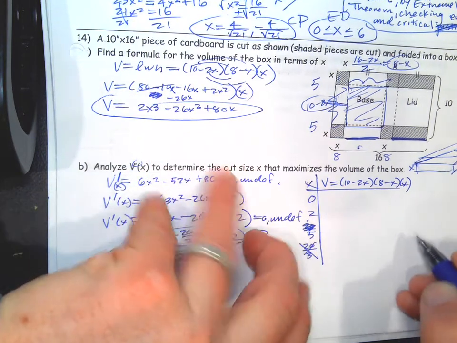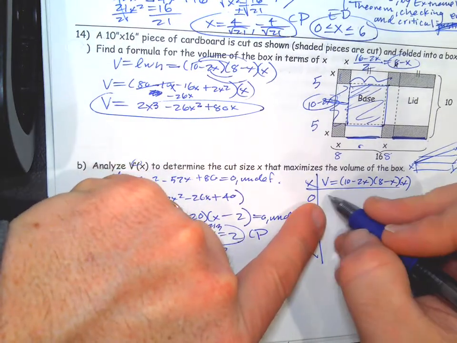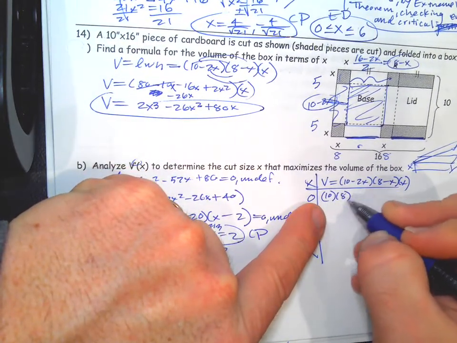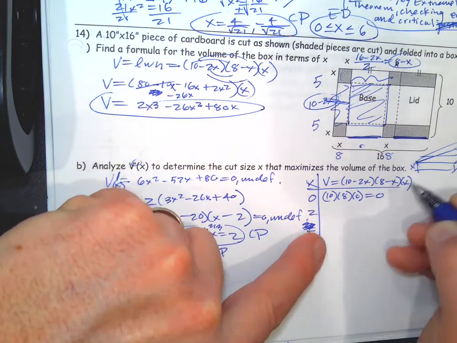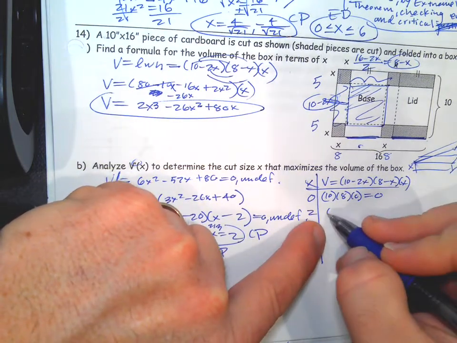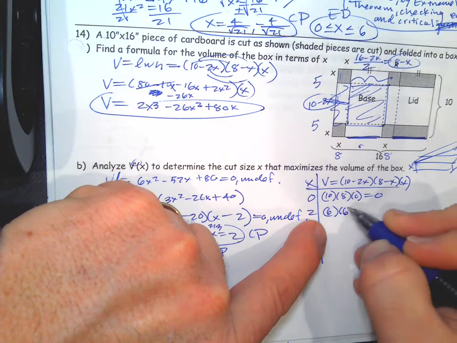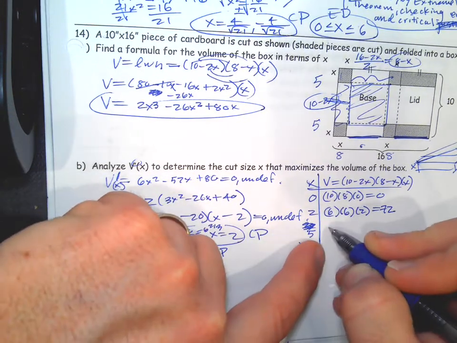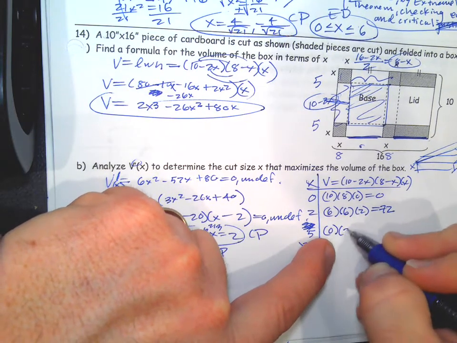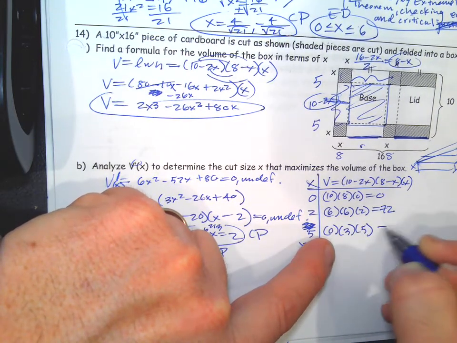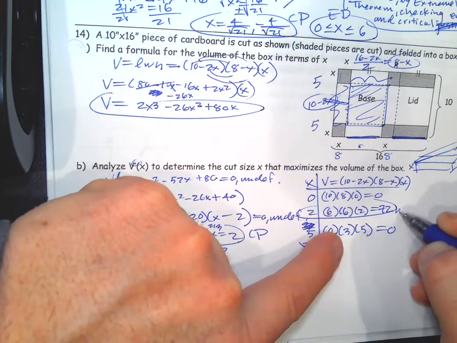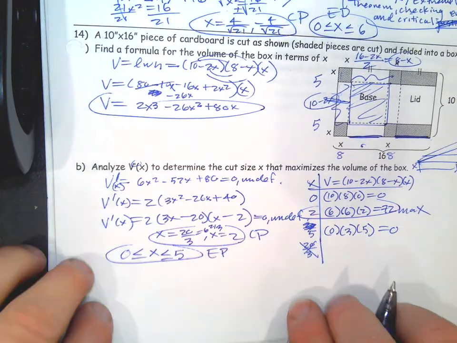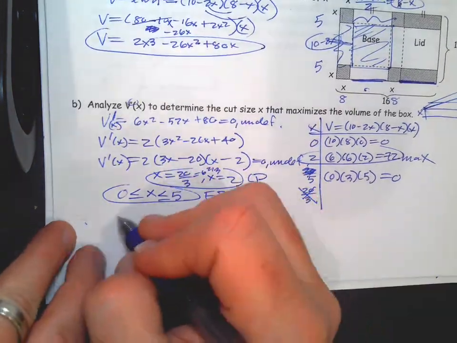I feel like it makes the work a little easier. If you plug 0 in here, it's 10 times 8 times 0, which is 0. If you plug 2 in, it's 6 times 6 times 2, which is 72. Plug 5 in, it's 0 times 3 times 5, which is 0. So here's your max. And we didn't have to do anything weird. We just used the extreme value theorem.